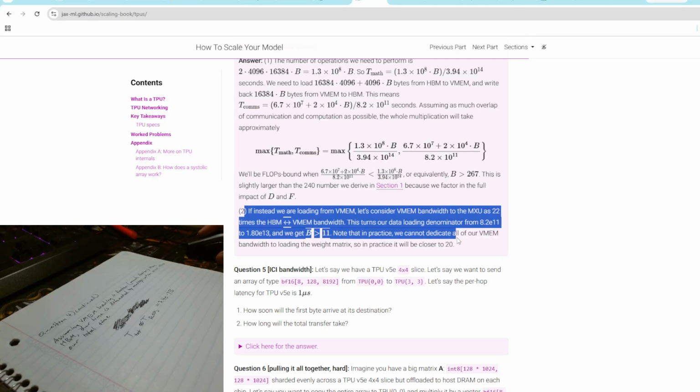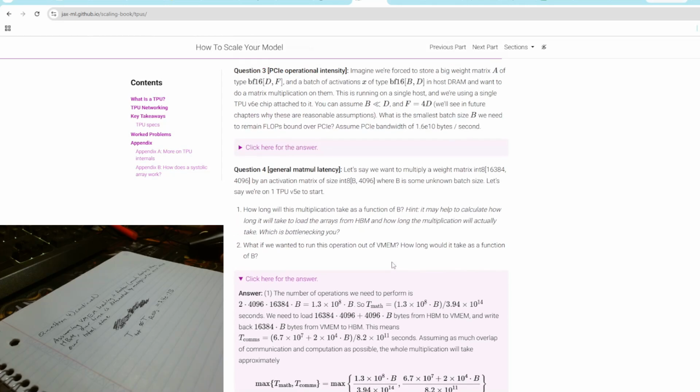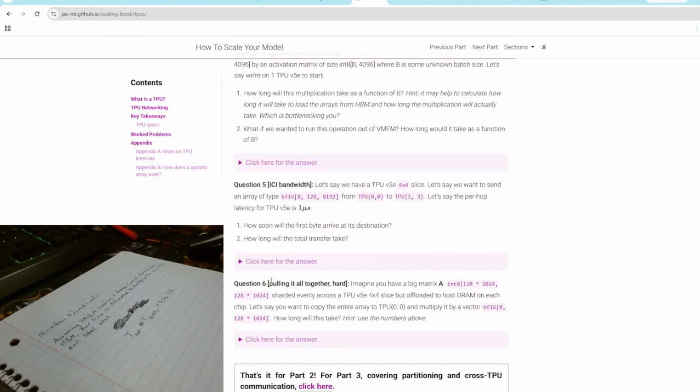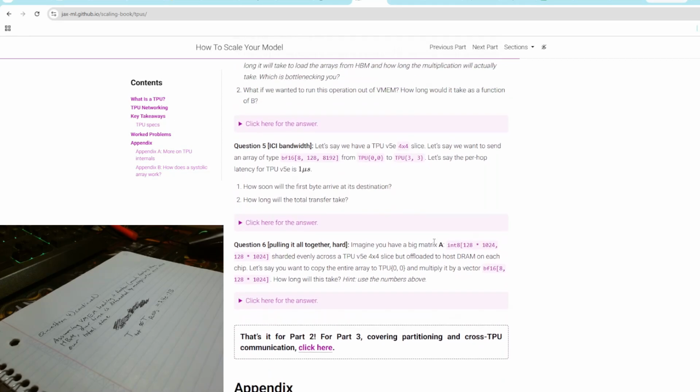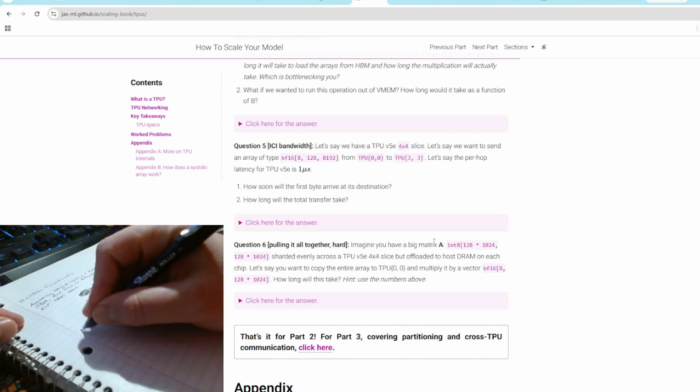Note that in practice we cannot dedicate all of our VMem bandwidth to loading the weight matrix, so in practice it'll be closer to 20. I don't know where this got this 22 times. Whatever. We're just going to leave that and move on to question 5. So, let's write this here.